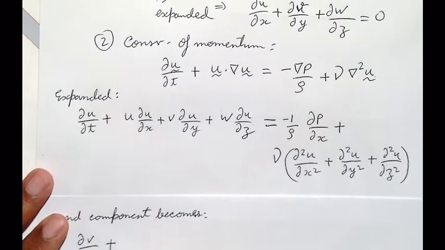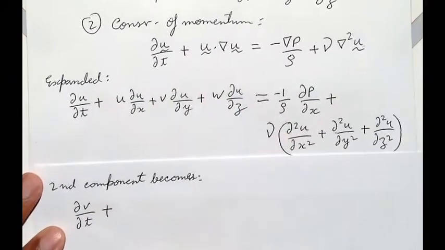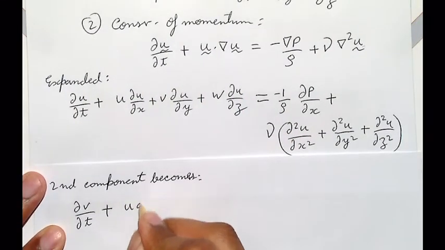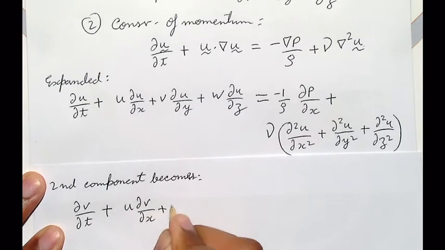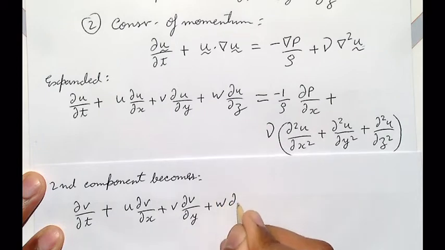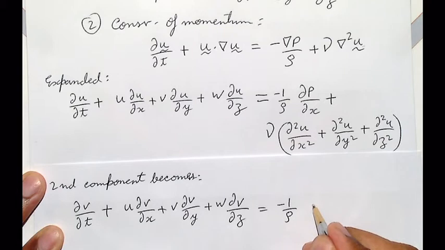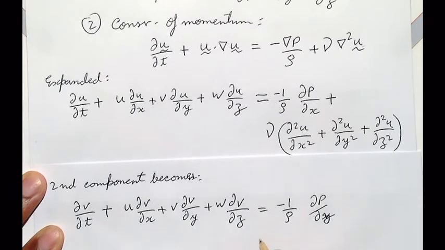So there's a u del v by del x. If I make a mistake, stop me. Okay, what's the pressure term? Partial V over partial, that's the easiest one. dp dy, alright, and the viscous term.